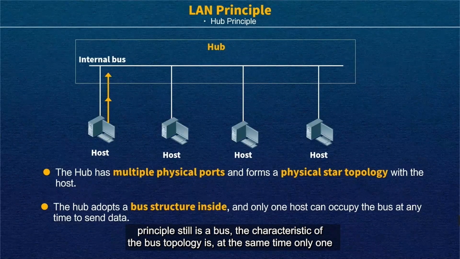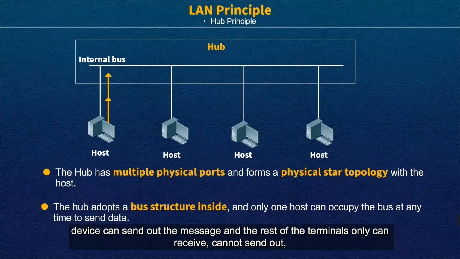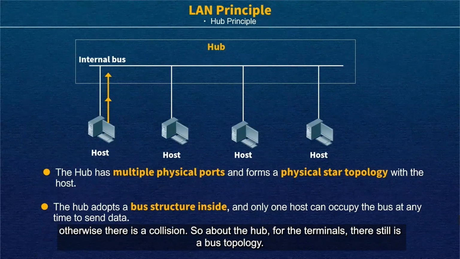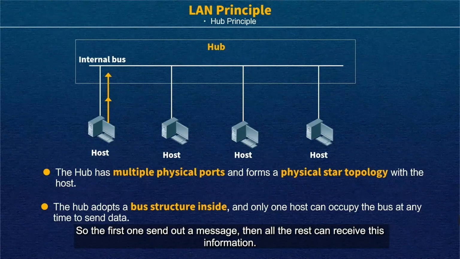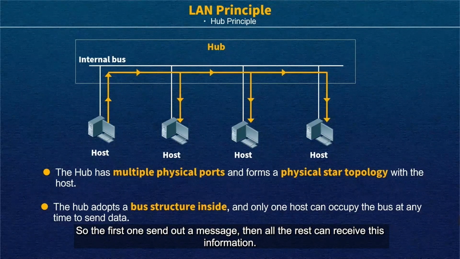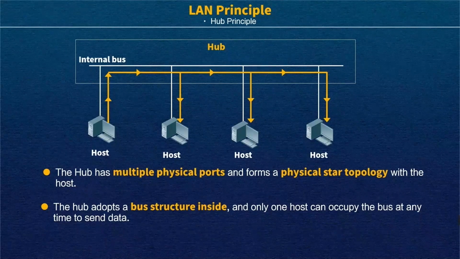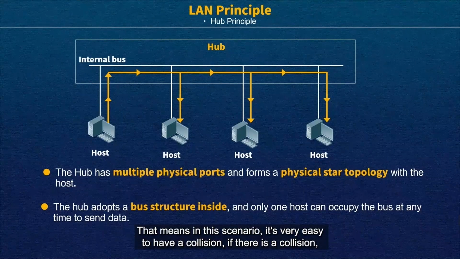The characteristic of the bus topology is that at the same time, only one device can send out a message, and the rest of the terminals can only receive, they cannot send, otherwise there is a collision. So about the hub, inside it there is still a bus topology. So the first one sends out the message, then all the rest can receive this information. That means in this scenario, it's very easy to make a collision.